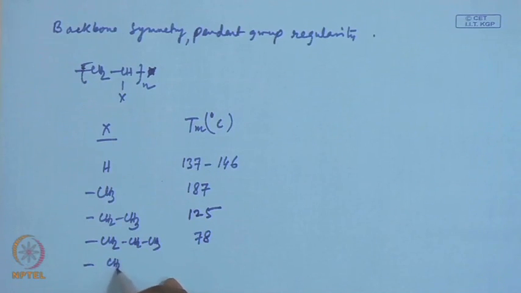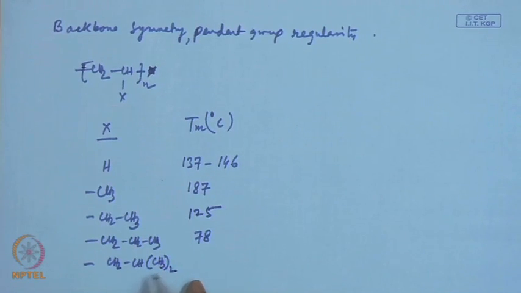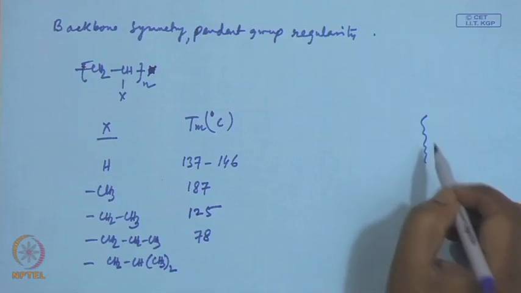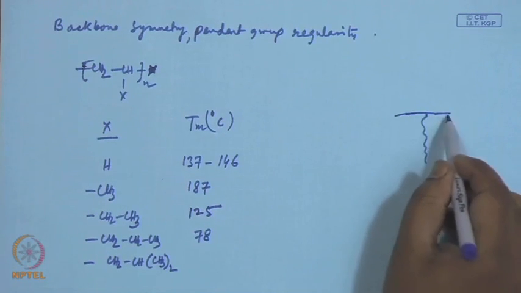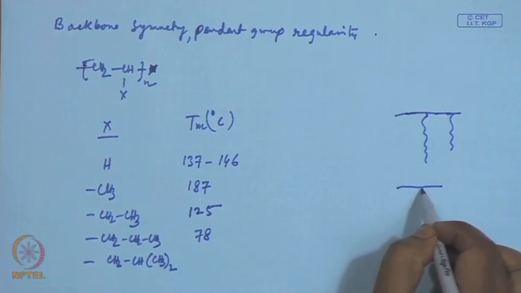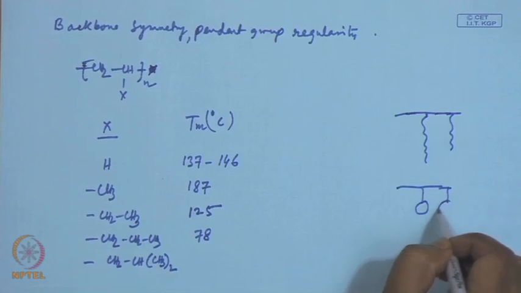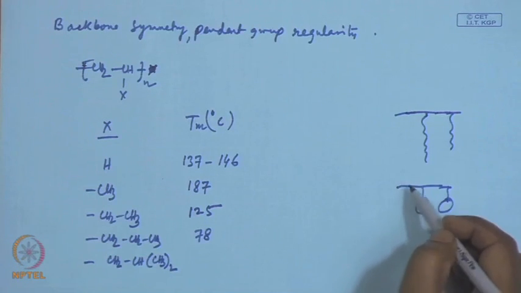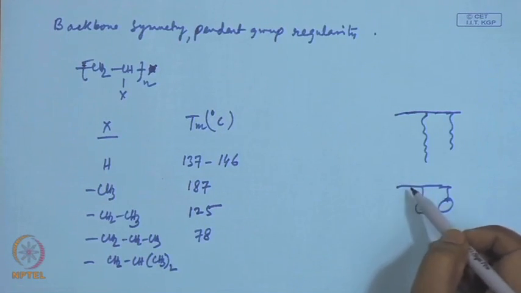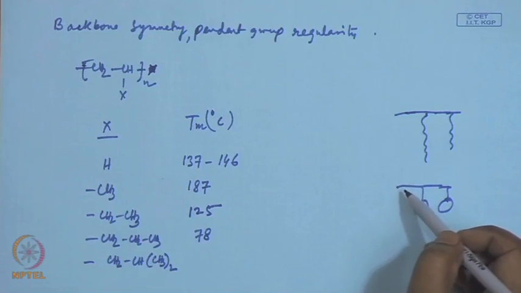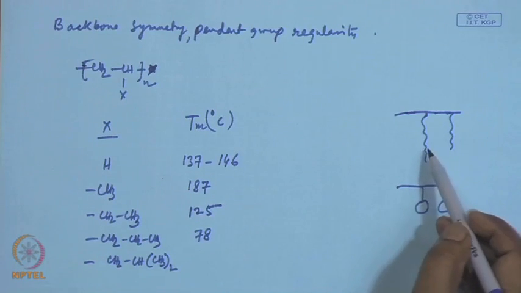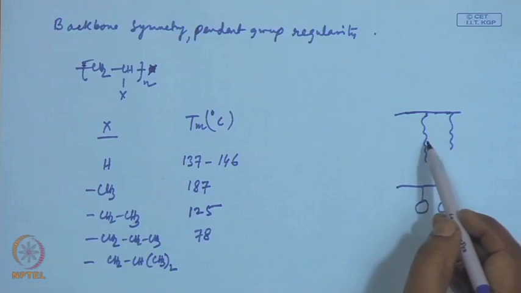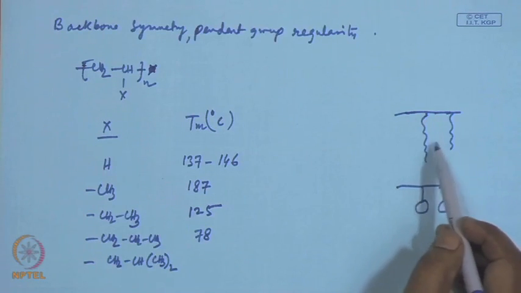However, the same thing we have seen for Tg: if you have a bulky side group, not a long pendant group from the chain, then this gives steric hindrance in rotation and increases stiffness, whereas in the previous case the free volume increases and the flexibility of the polymer chain increases.